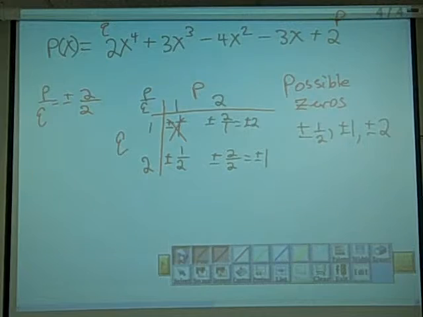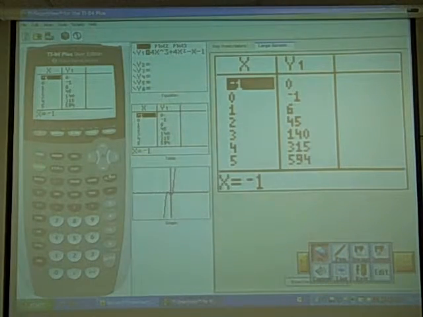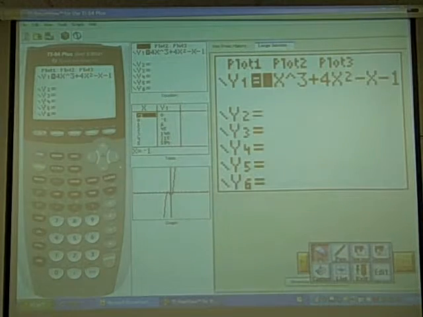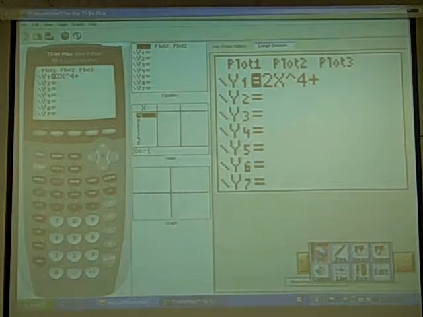Okay, so let's take a look at that. And we're going to enter that into our calculator. And we're going to put in here 2x to the 4th. And it's a good idea to check these as you go along. It's easier to check as you go along.